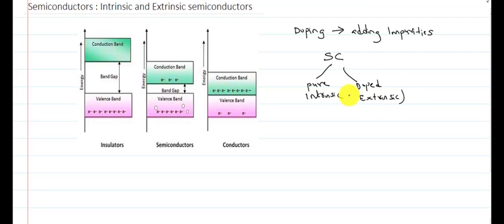So these are the two classifications of semiconductors: the purest form, and the impure or doped form, known as extrinsic semiconductors.